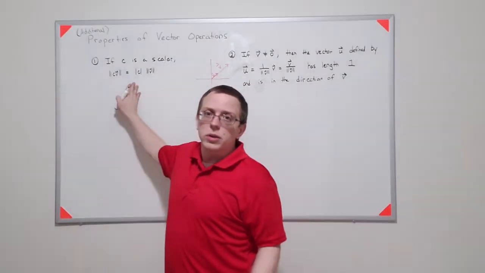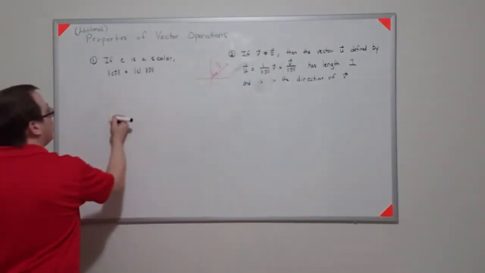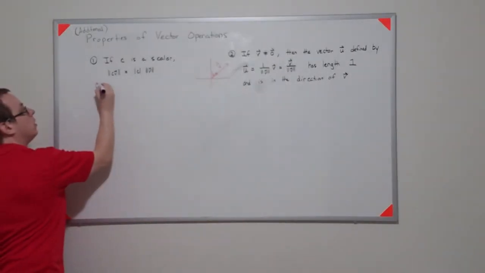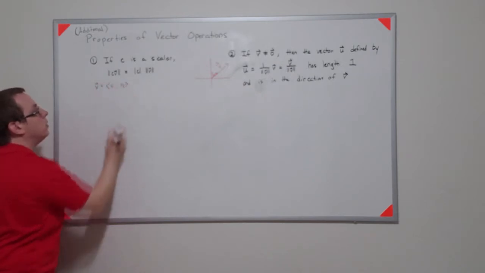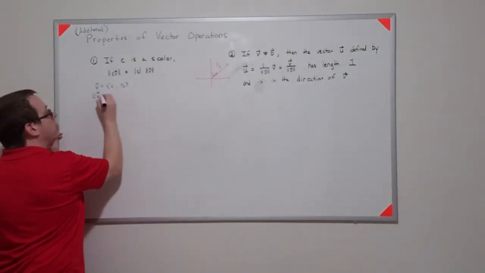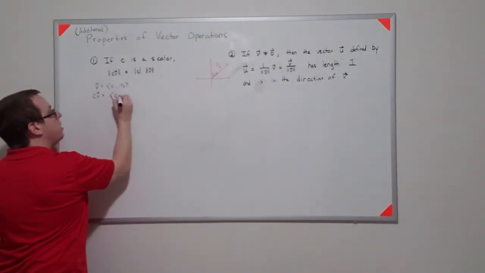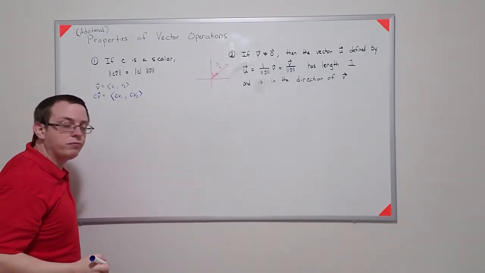All right, so if I have some vector v, and we're going to do this in the 2-dimensional case where v equals (v1, v2). Then that tells me that CV is (CV1, CV2).